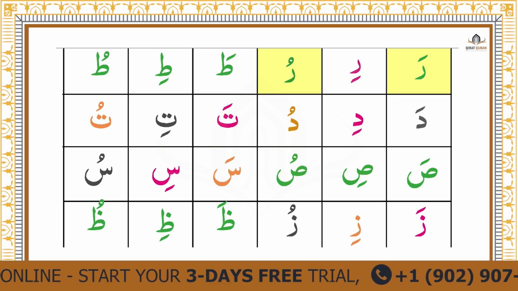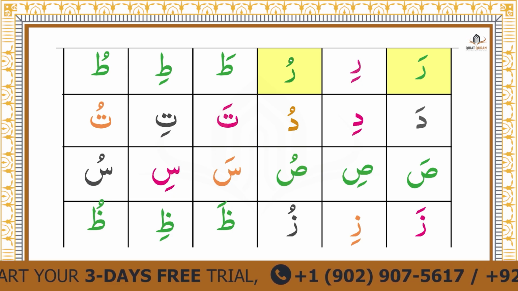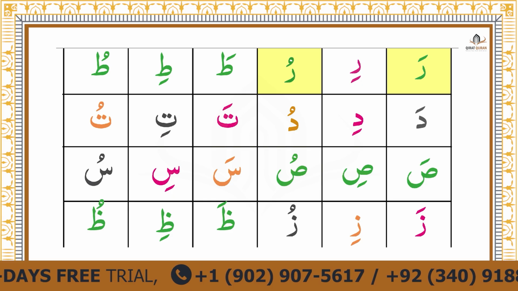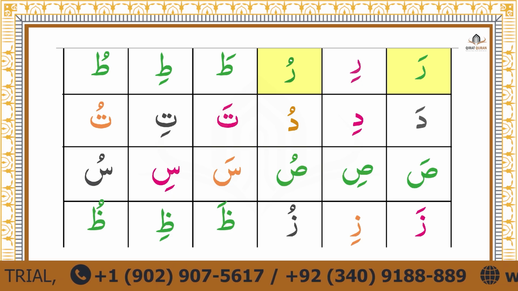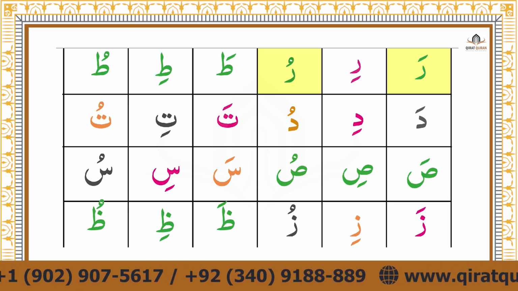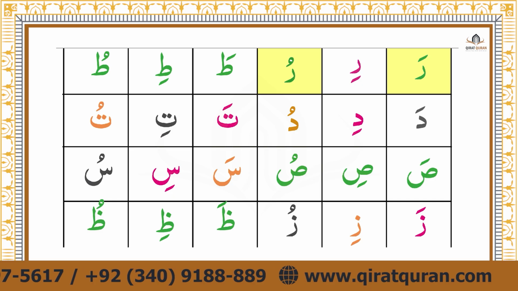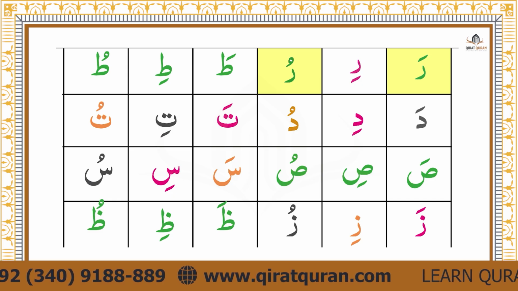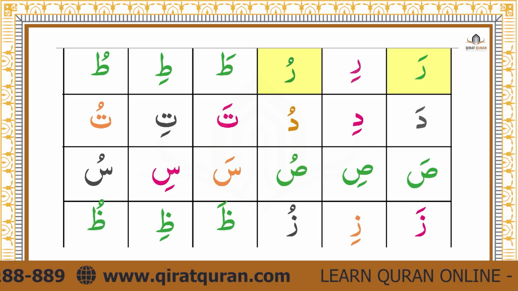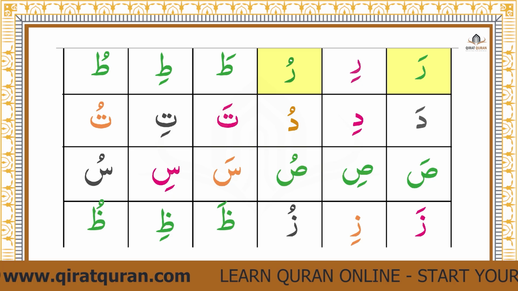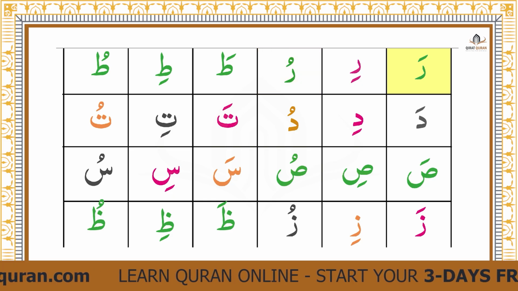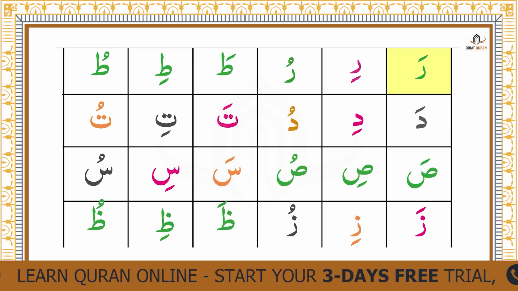Whenever Ra has Fatha or Dhamma on it, we have to read it bold, as we were reading the other bold letters like Ta, Sad, Wa. So same for the Ra when it has Fatha or Dhamma upon it. So we were reading Ra, Fatha, Ra.